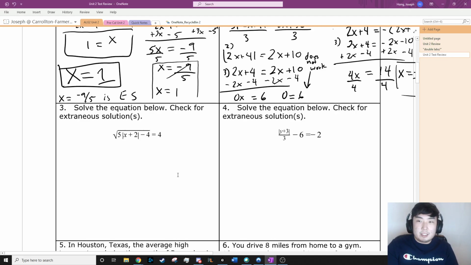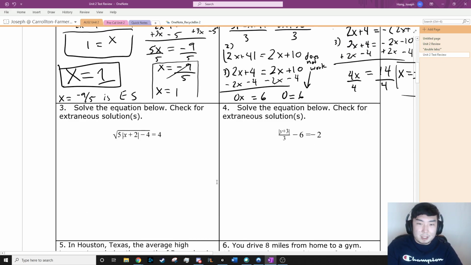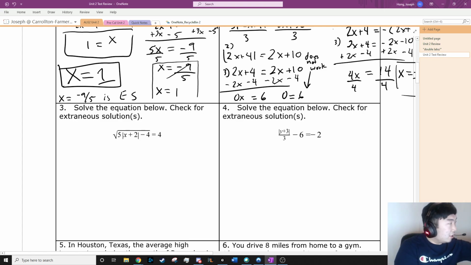4, it's really testing you more about your algebra skills now than your absolute value skills, because you're taking the same steps. It's just now your algebra is getting harder, but really you know all of these things. You know that the way to get rid of square root is to square, because they're opposites.